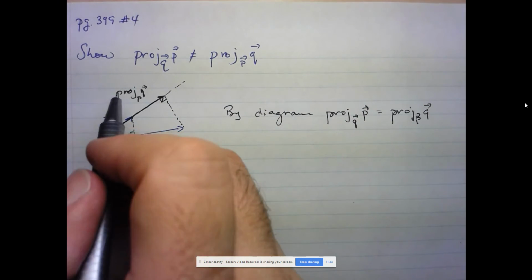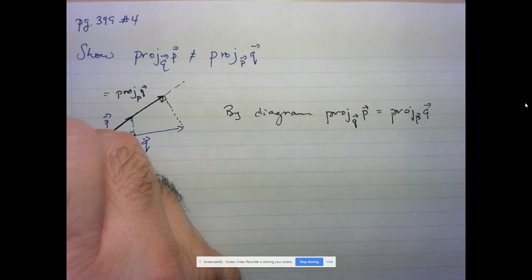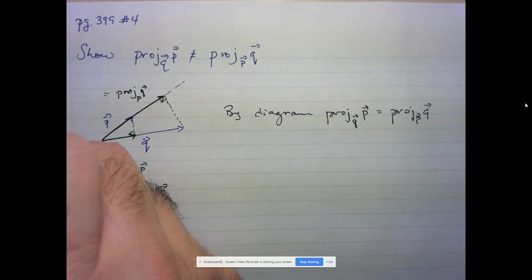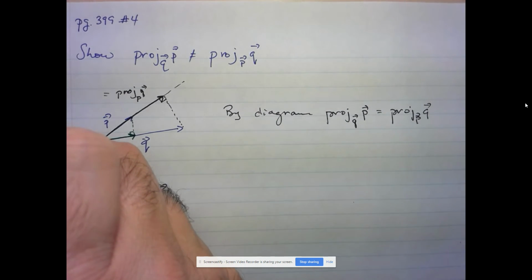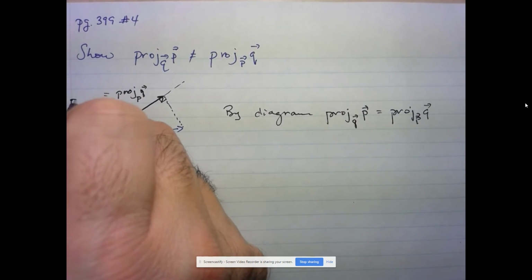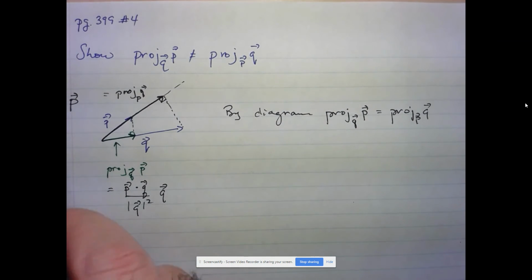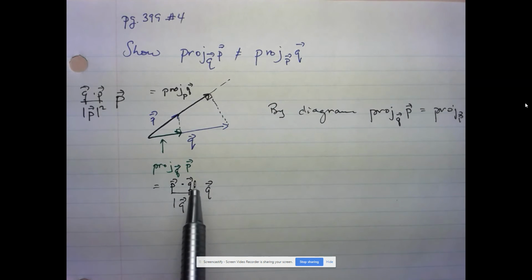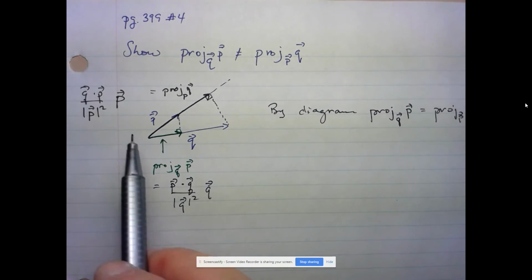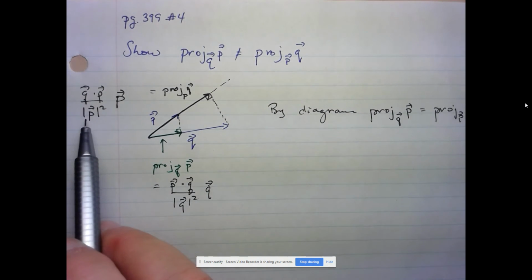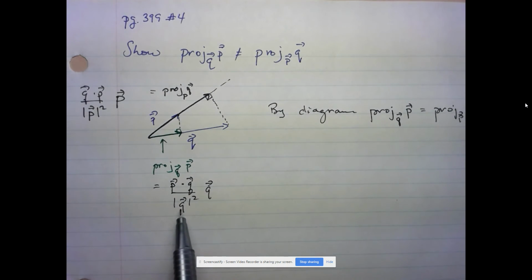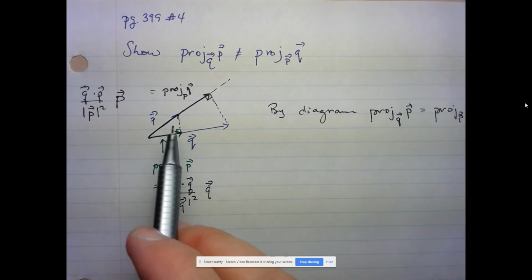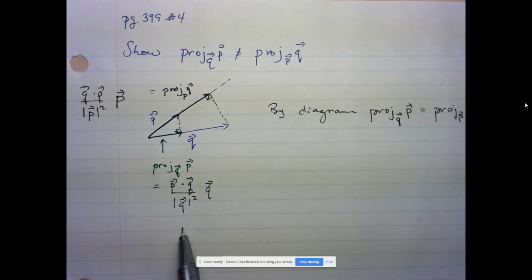All right, and here the projection of q onto p, well, is q dot p over the magnitude of what I'm projecting onto squared, times that same vector, and clearly these two expressions are not the same. Sorry, I didn't realize you couldn't see that. Despite the fact that these dot products are equal, I'm dividing by a different value and I'm multiplying by a different vector. In fact, a vector that's not even in the same direction necessarily.